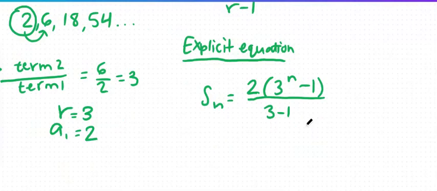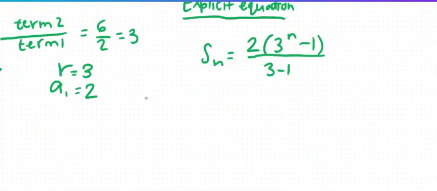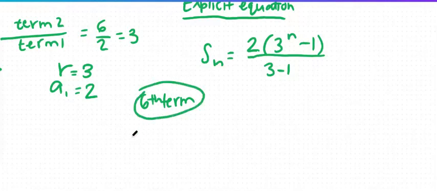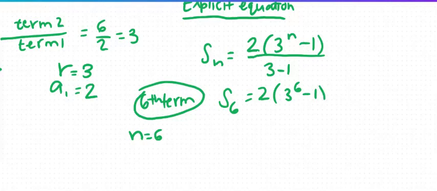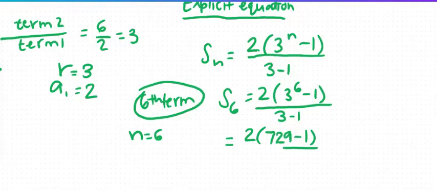Now I'm going to use that equation to solve. If I want to find the sum at the 6th term, then n equals 6, so I'm going to replace all my n's with 6. So S sub 6 is equal to 2 times 3 to the 6th power minus 1 over 3 minus 1. And then I simplify. I'm going to start with my parentheses. Inside my parentheses, I have an exponent. 3 to the 6th power is 729, minus 1.